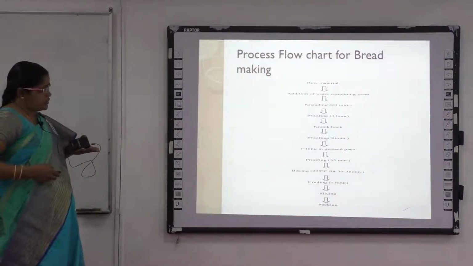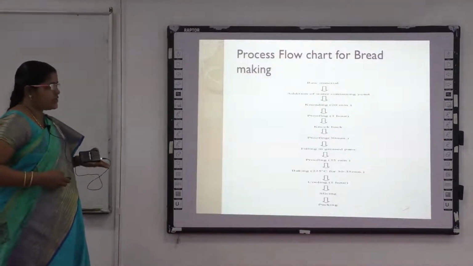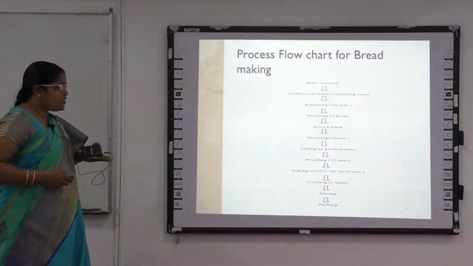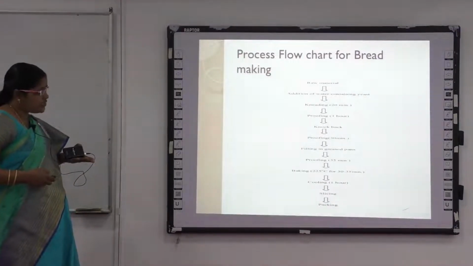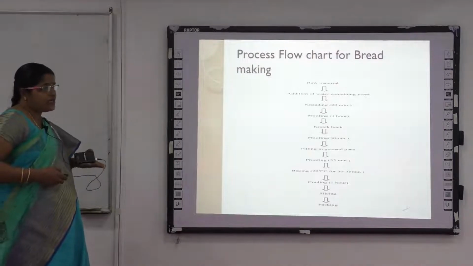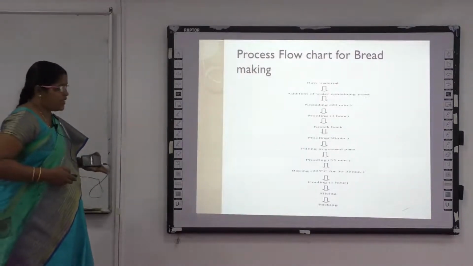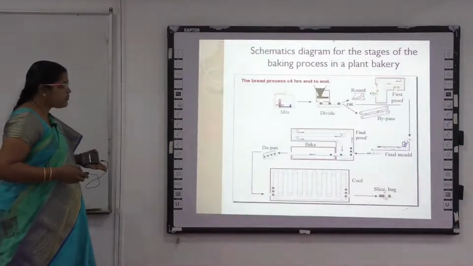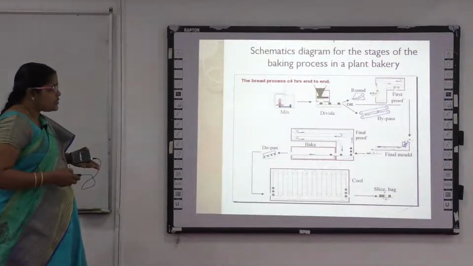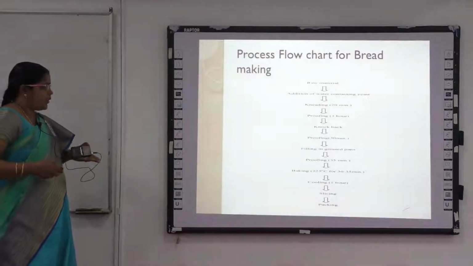1 hour at 25 to 28 degrees Celsius with 70 to 75% relative humidity. Here, temperature and relative humidity are very important and essential things which need to be maintained in order to obtain proper yeast growth and fermentation. Once initial proofing is completed, the dough will be turned upside down.